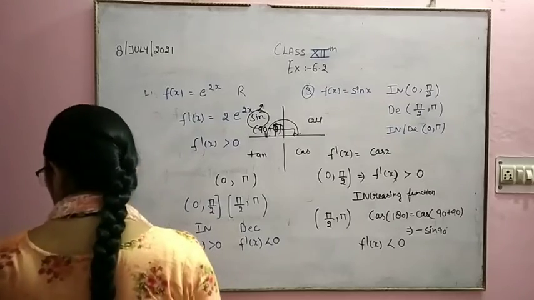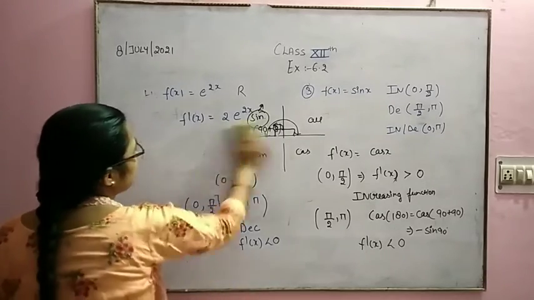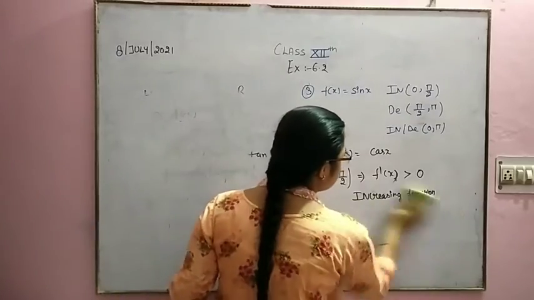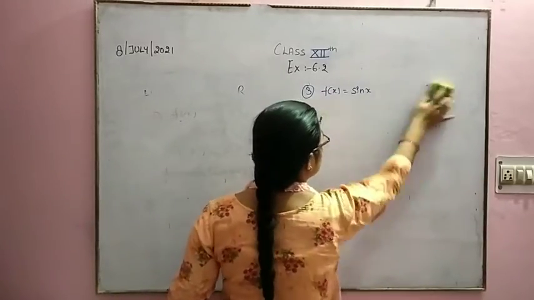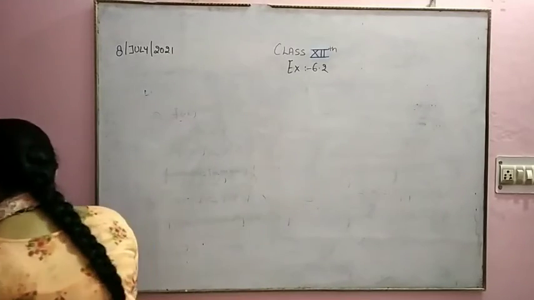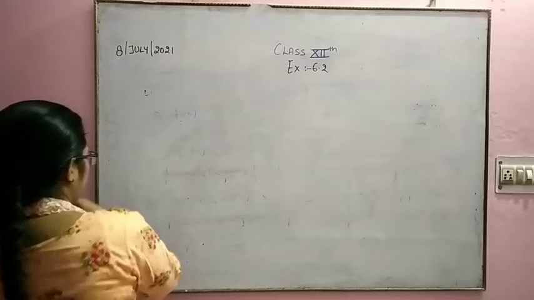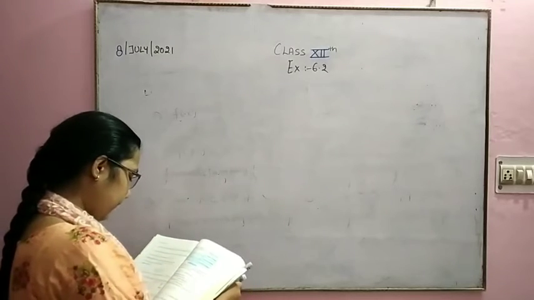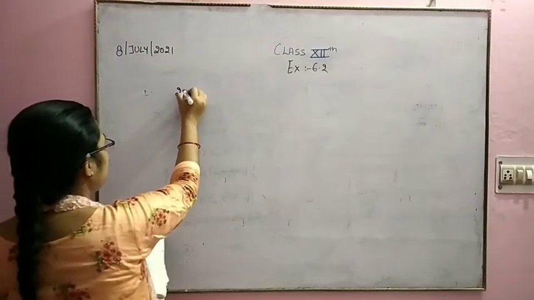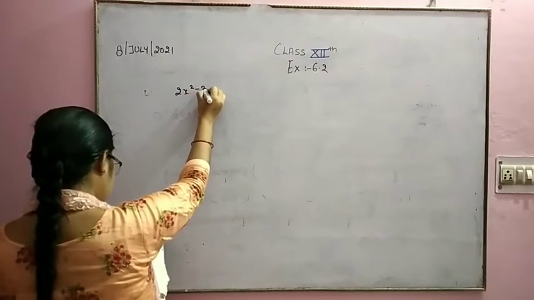Correct. Now come to the next question, number 4. Find the interval in which the function f is given by 2x square minus 3x.